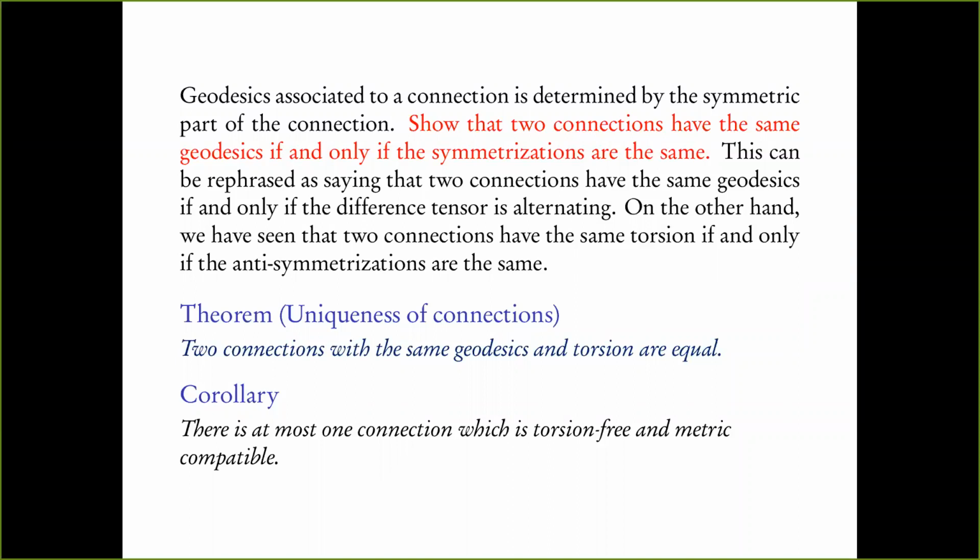Now when you look at a connection which is torsion free and metric compatible, then we discussed, and I left the last bit as an exercise, that for such a connection, the geodesics of this connection will be nothing but the geodesics of the Riemannian metric. But the Riemannian metric is a choice that you start off with, which means the geodesics for such a connection are nothing but the geodesics of the Riemannian metric, which is fixed.